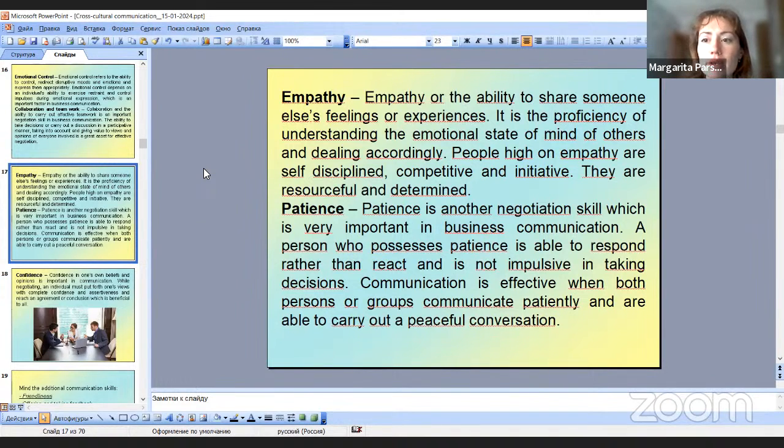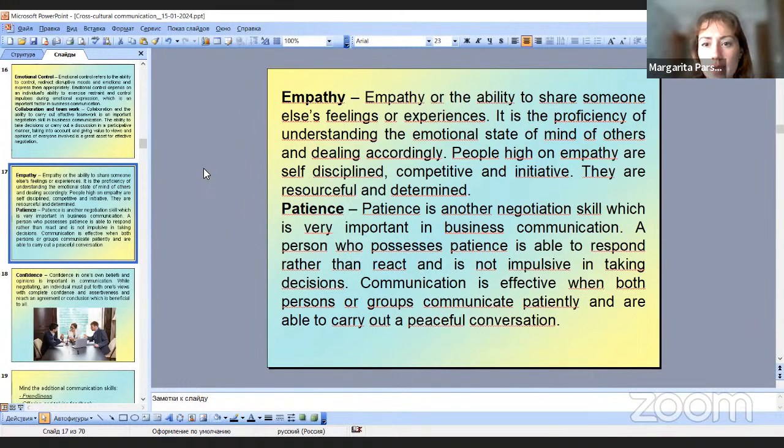It's also an empathetic process. It is the proficiency of understanding the emotional state of mind of others, and dealing with this accordingly. We're listening, and giving our feedback in this empathetic manner accordingly.